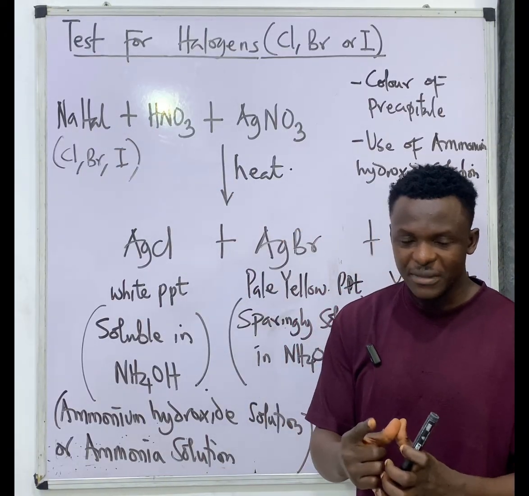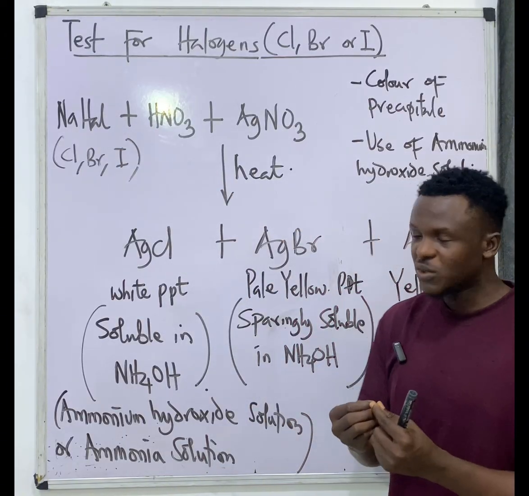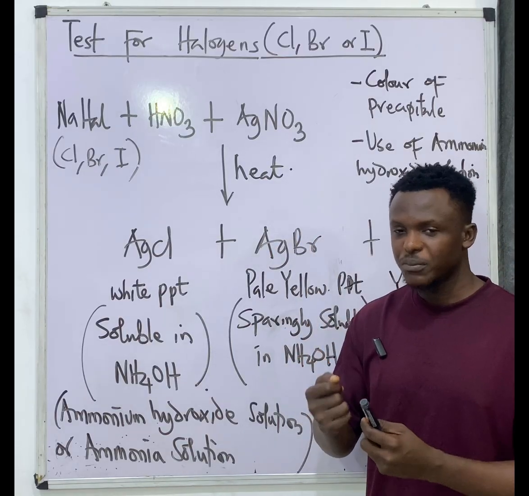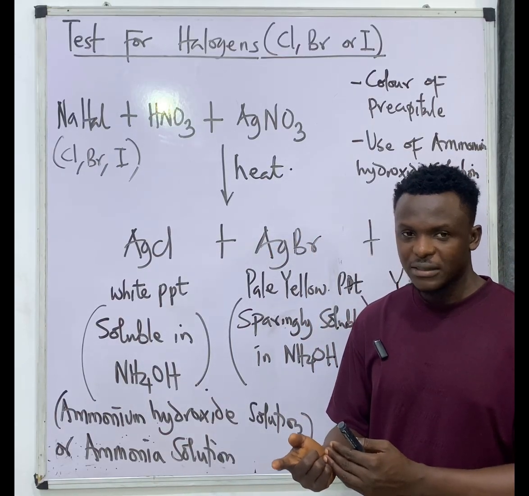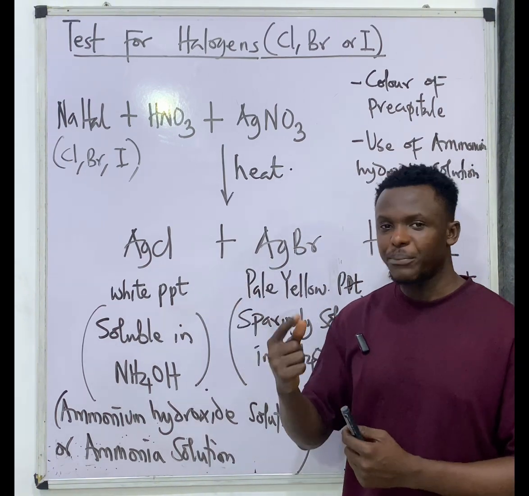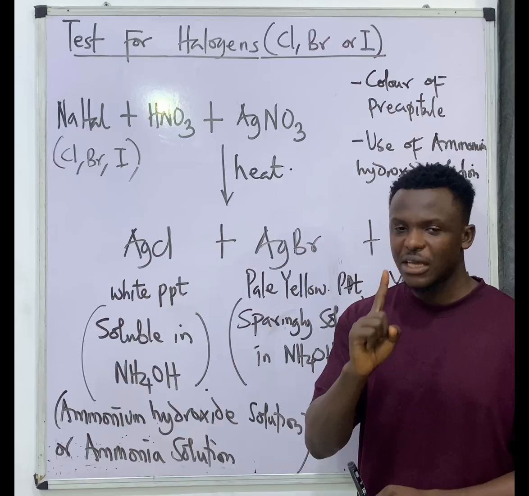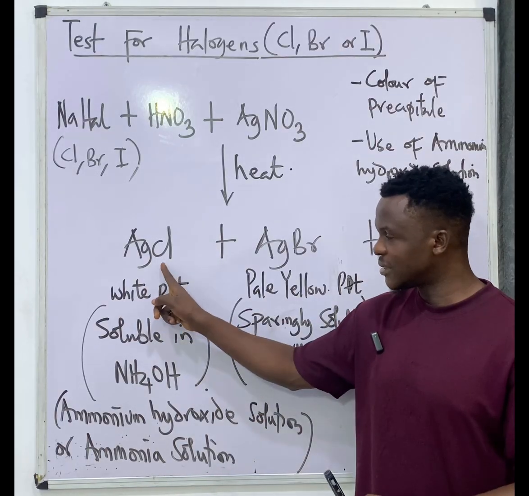Once you mix the three of them together, it becomes a mixture. You heat it inside the test tube. Once you're done heating it, you transfer the contents of the test tube into water. It's going to give you a precipitate. If the precipitate that is formed is white in color, it is silver chloride.